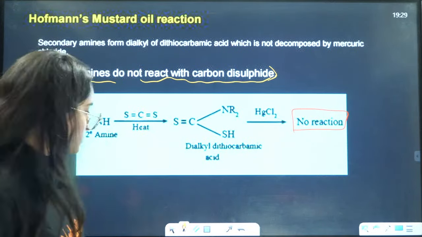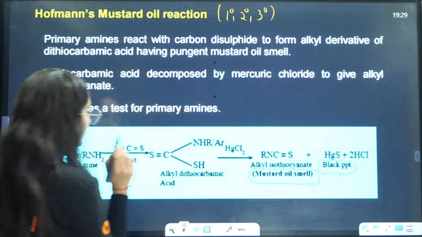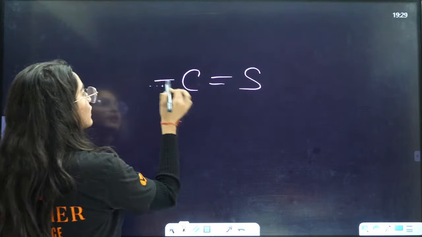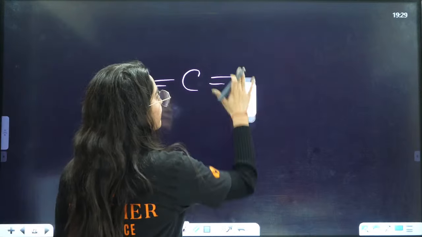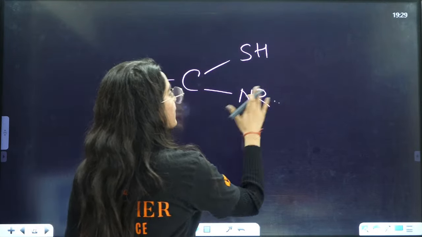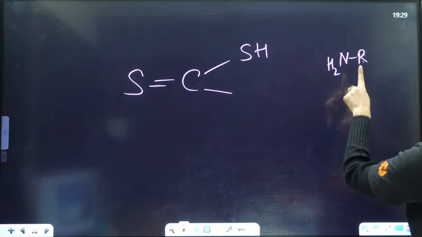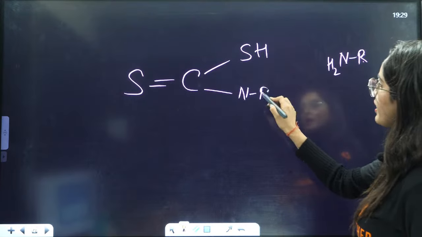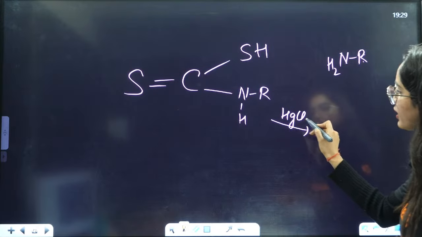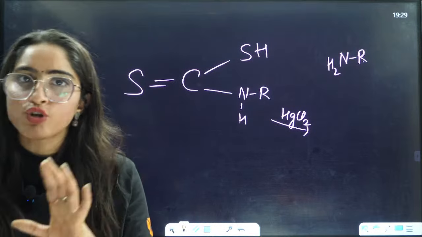Everybody, can you please explain again? Okay. So guys, this is your carbon disulfide. This is how it looks. If you have primary, what will happen? This is SH, NR, because primary is NRH2. One hydrogen is shifted here. You are left with R and H. This will be formed. When it is reacted with HgCl2, it will give you a mustard oil smell, and along with that a black precipitate of HgS.